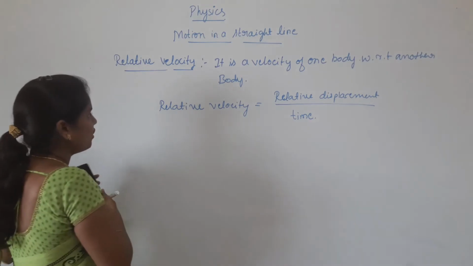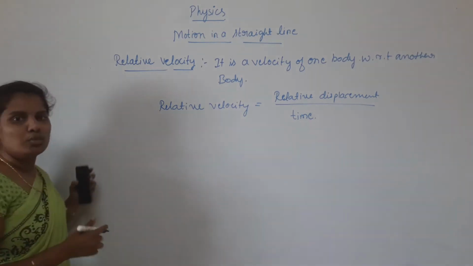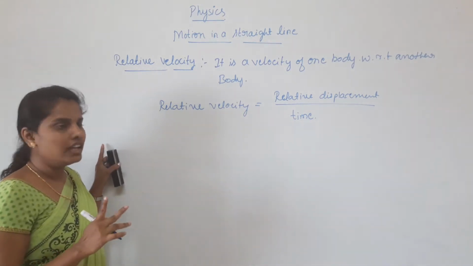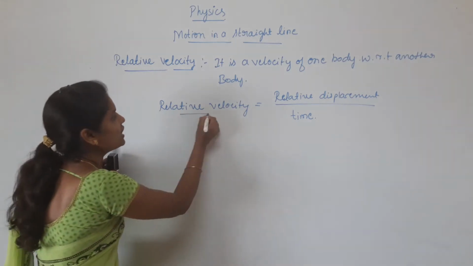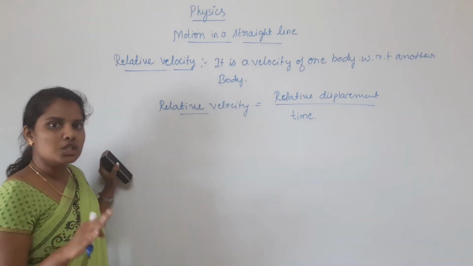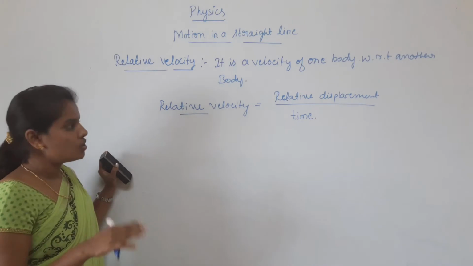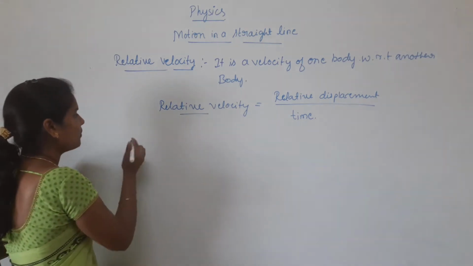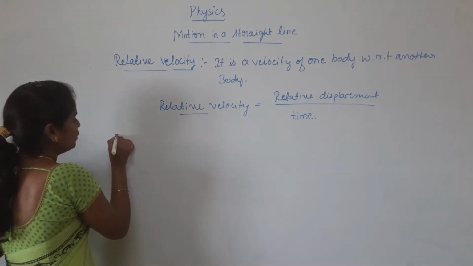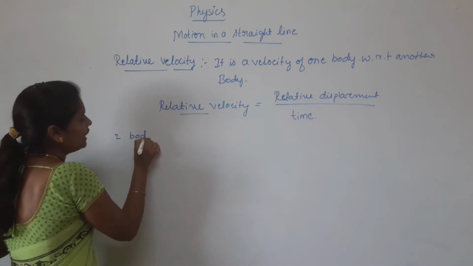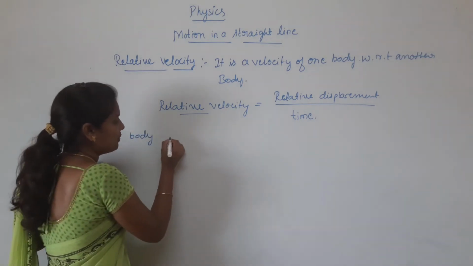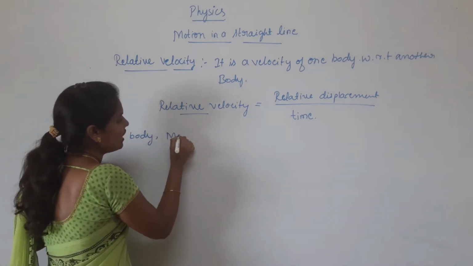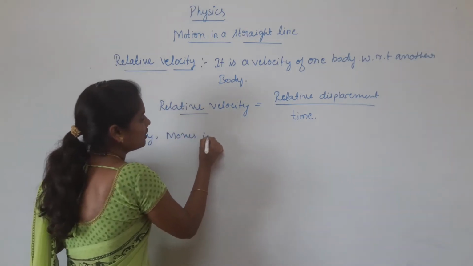So first, consider two bodies moving. Relative velocity means the velocity with respect to one another. Consider here two bodies moving in the same direction.